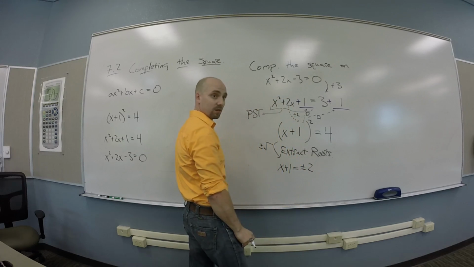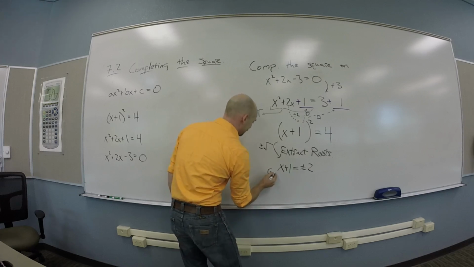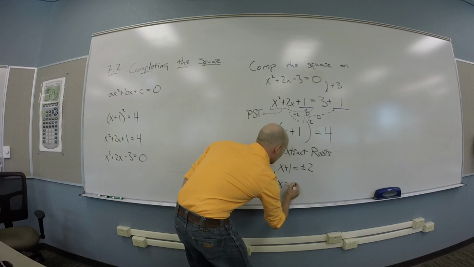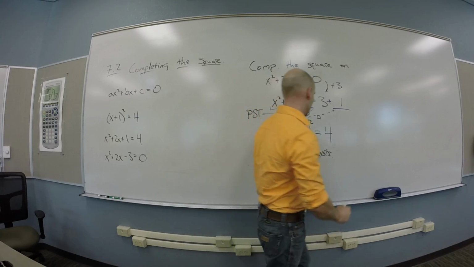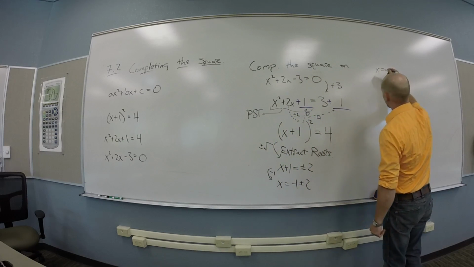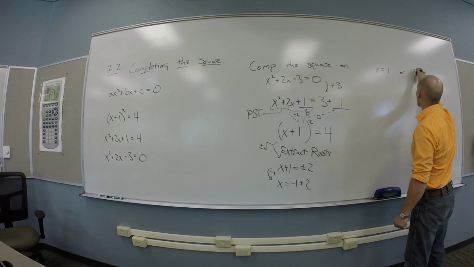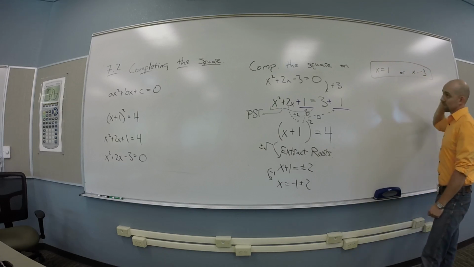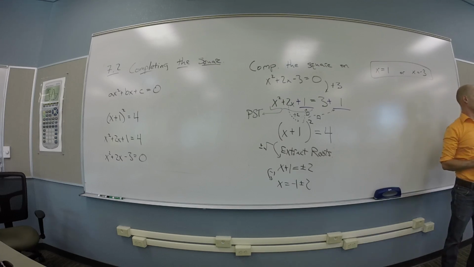And then what? Subtract 1 from both sides. So I then get x is negative 1 plus or minus 2. So x is 1 or x is negative 3. Cool. You see this? You want to try another one?